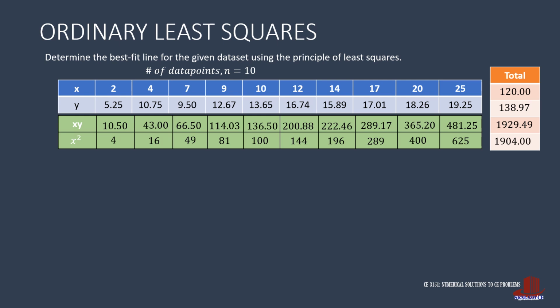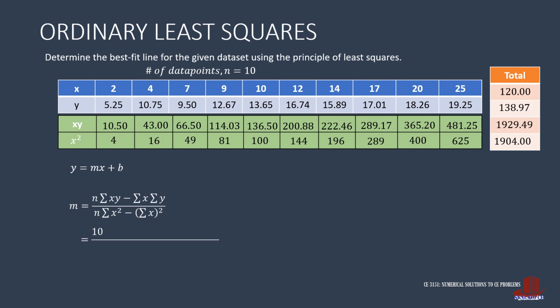Solving for the best fit line using ordinary least squares is even shorter. So utilizing the slope-intercept function, the slope is computed as the number of data points multiplied by the summation of xy less the summation of x times the summation of y. Divide everything by n times the summation of x squared minus the square of the summation of x.